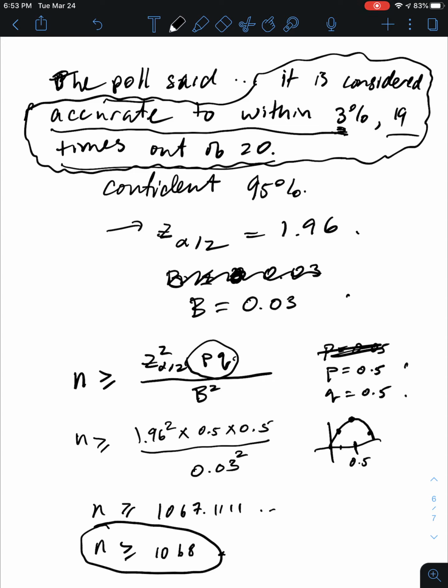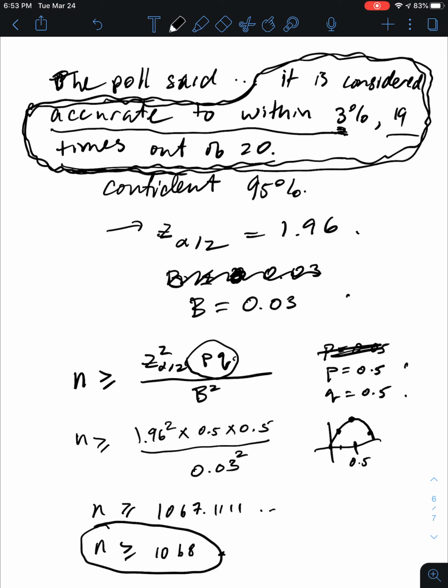And then we can make this claim that everybody wants to make, because we all want our polls to be accurate but not too expensive. This is a nice sort of conventional trade-off that we can make. Our poll is considered accurate to within 3%, 19 times out of 20, if we have at least 1,068 experimental units.